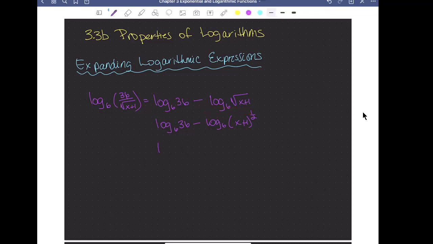So we're going to have log base 6 of 36 minus 1/2 of log base 6 of x plus 1. And then that's expanded as far as we can go. Throw that other parenthesis around there, my bad. Technically, you don't have to put that parenthesis there if you want to just leave it as 1/2 log base 6 of x plus 1. I'm getting parenthesis happy.